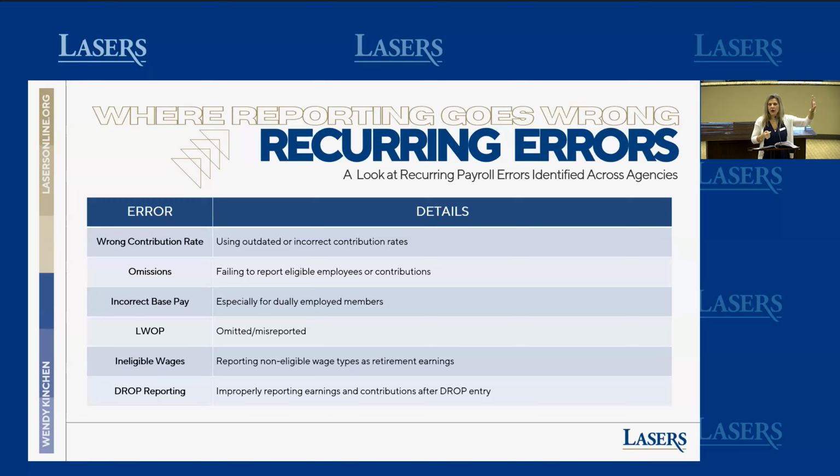That's one big error that we see. Omissions, just forgetting to enter leave without pay or forgetting to enter an employee's earnings, that is another error. Incorrect base pay. We see this a lot, especially with dually employed employees, the reporting of base pay. If the base pay is incorrect, it will cause errors in that retirement calculation.